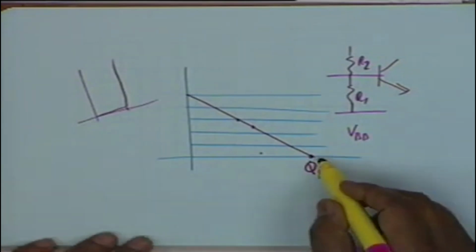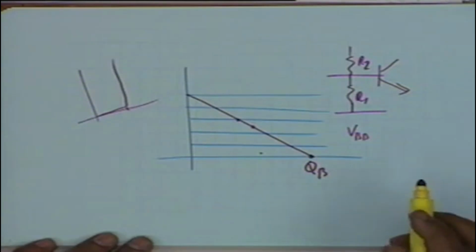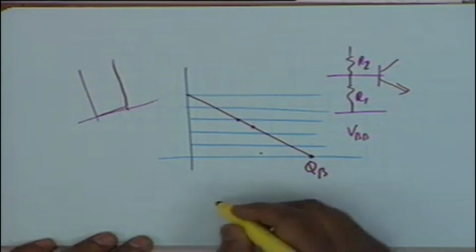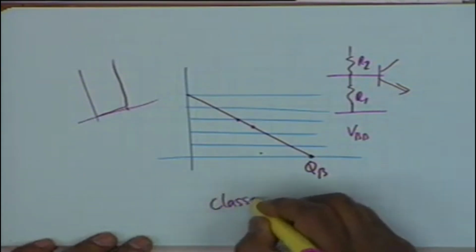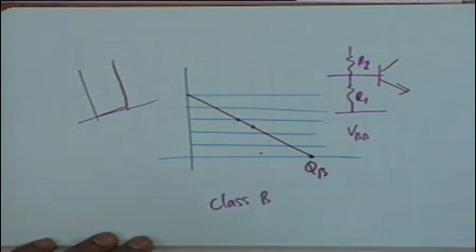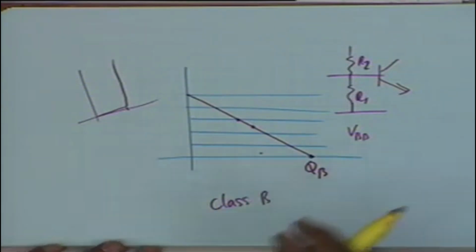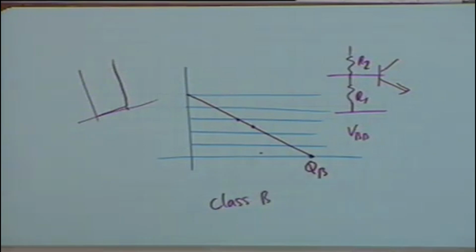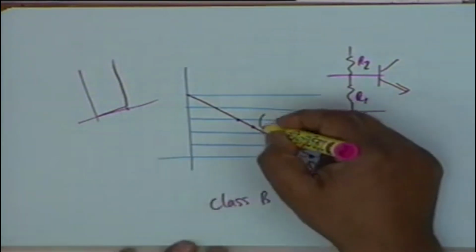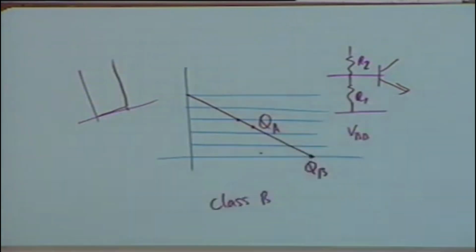This operation, this Q point, is called the class B operation, class B, in which the current in the collector flows for only half cycle of the base current, whereas if it flows for the total cycle then it is called class A operation, class A. In class A operation the collector current flows throughout the duration of the base current cycle.